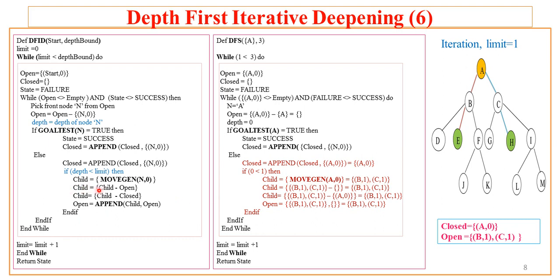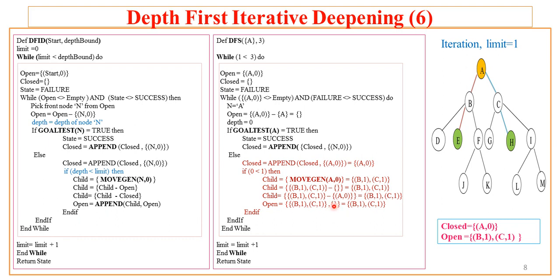Now from this child, whatever is there in the open is removed. So there is nothing to be removed from the child as open is empty. Again, whatever is there in the closed is also removed from the child. As A is not present in the child, nothing is to be removed. So child will be B and C, and this current child will be added at the front of the open.